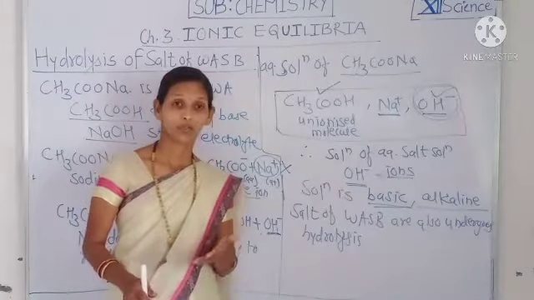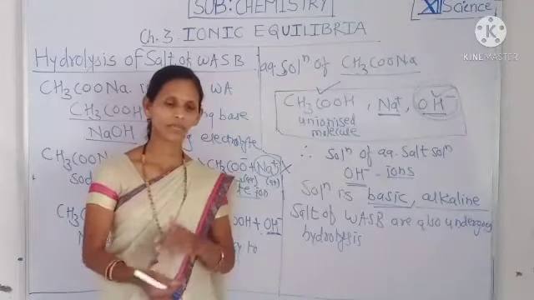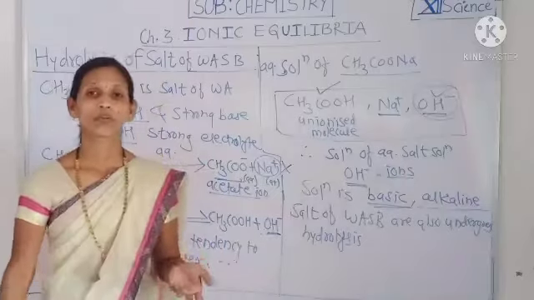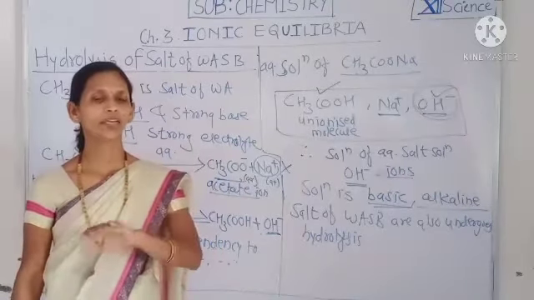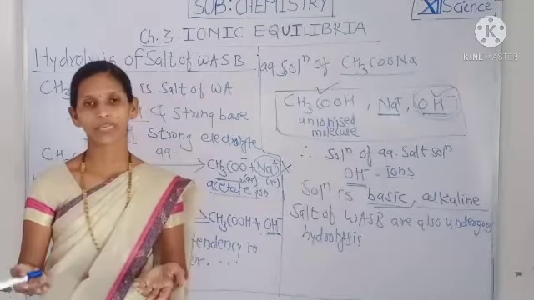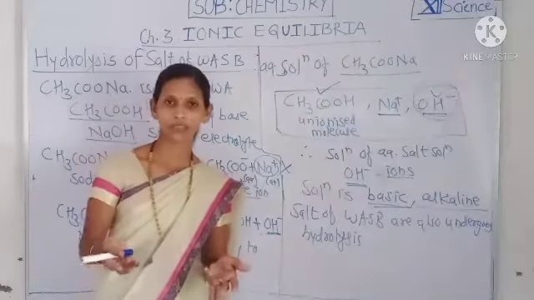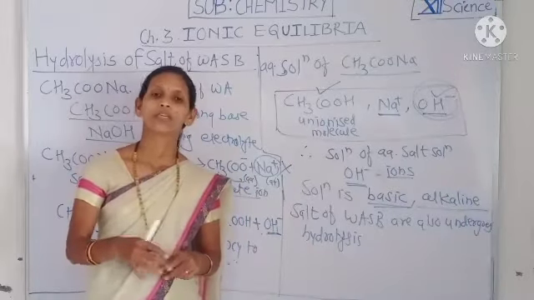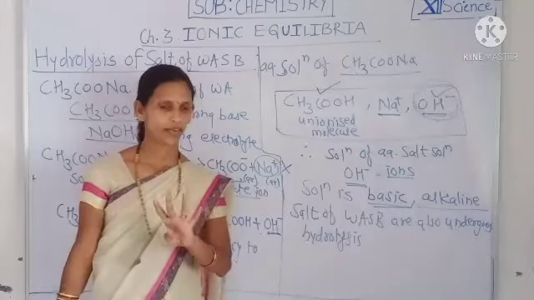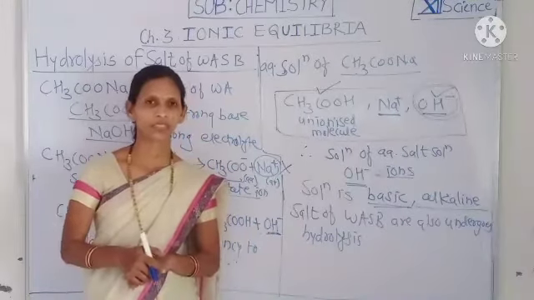The salt of weak acid weak base itself is a weak electrolyte, but depending upon the dissociation constant of the weak acid and weak base from which it is obtained, there are three categories of salt of weak acid weak base.